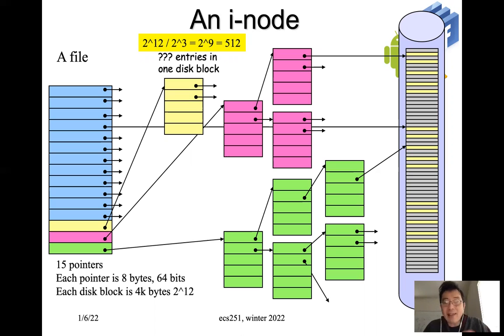With FAT32, the limitation of the file size is 4 GB. So if you configure a USB disk with FAT32, the largest single file that you can put in is 4 GB, regardless of how big your USB drive is.